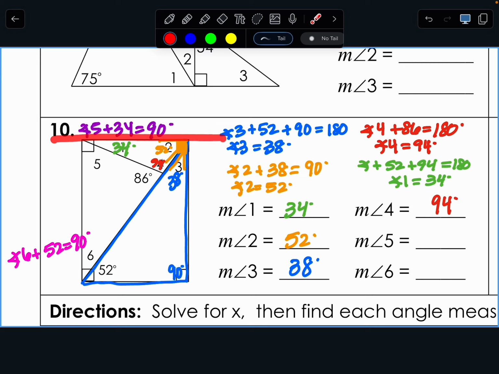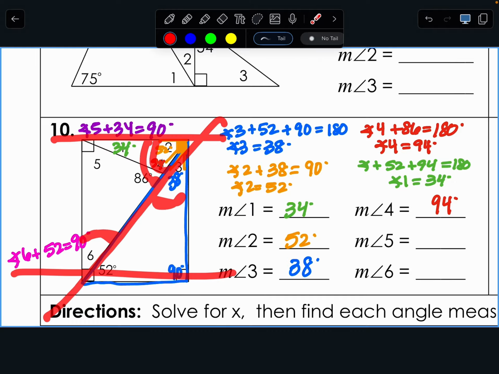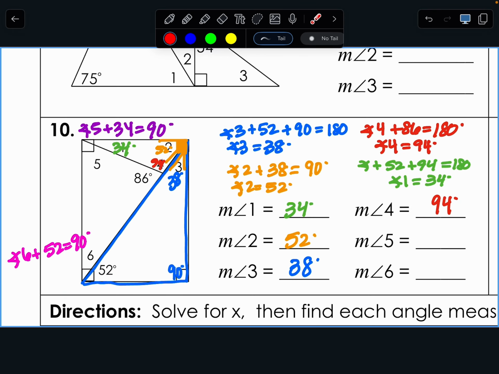Because these are right angles, these are parallel lines. So I could have just said, well, those are the same, and these are the same. So those are alternate interior angles. So you can get there lots of different ways. So then angle 6 equals 38, and angle 5 equals 56.